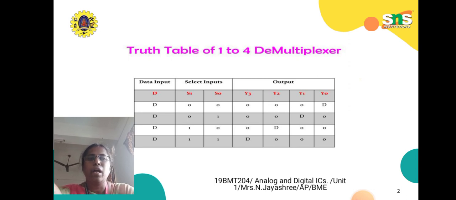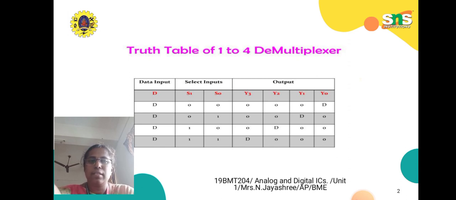If you select the data input as D, and select the inputs S1, S0, if it is 0 0, the output y0 will come. So the same input, that is the data input, is reflected on the output side at y0. If it is data input D, the same input will reflect at y1.